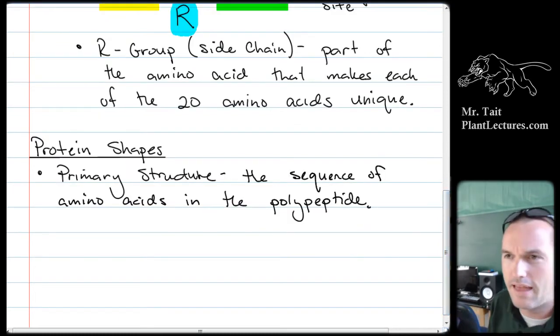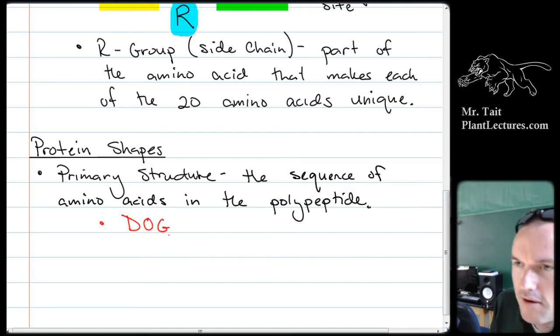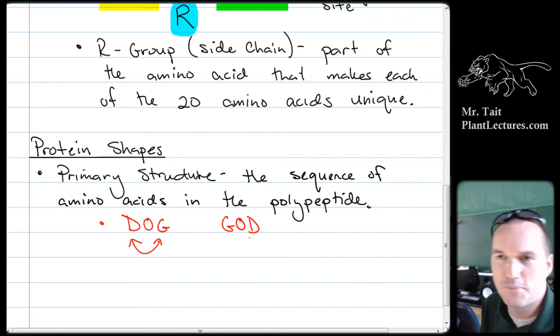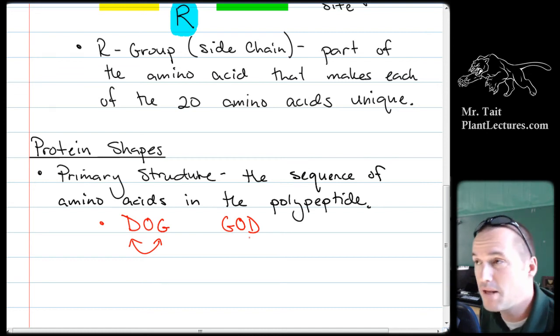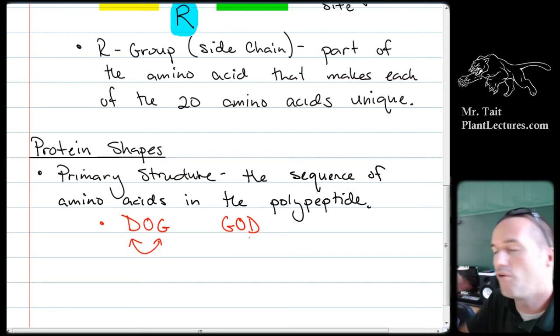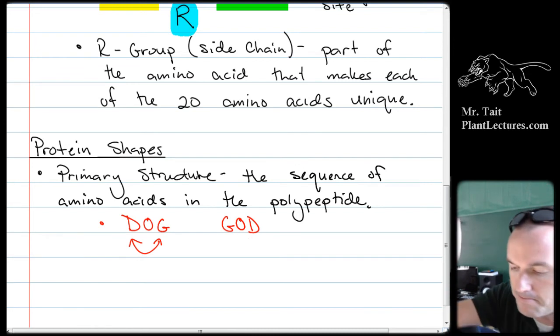If you relate it to language, we know, for instance, that if you wrote the word D-O-G, right, that's dog, and then if you move some stuff around, you can very easily replace that and it becomes G-O-D, or God, and those become very different things just based on the way that you order the letters, okay? So the way that you order the amino acids has a similar effect in that it's going to change the overall effect of the protein, or the overall way that the machinery acts.